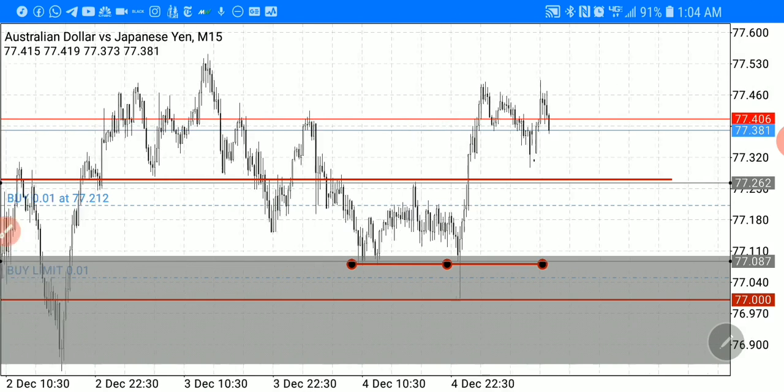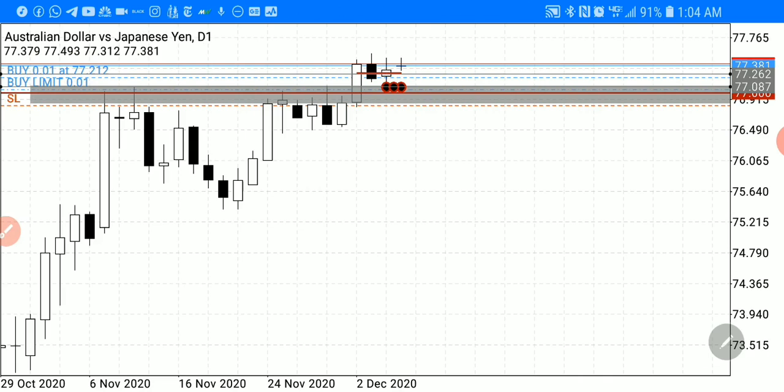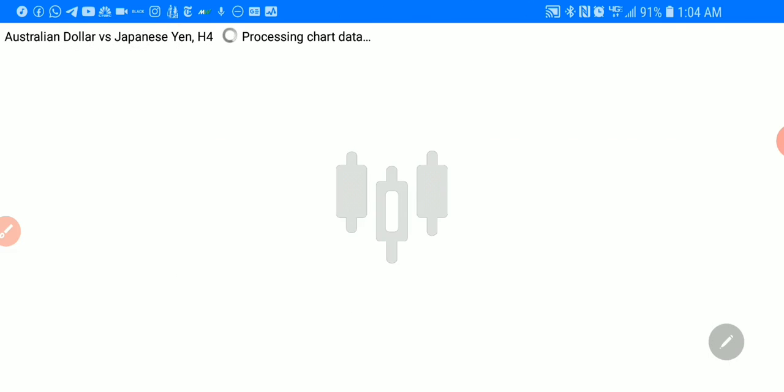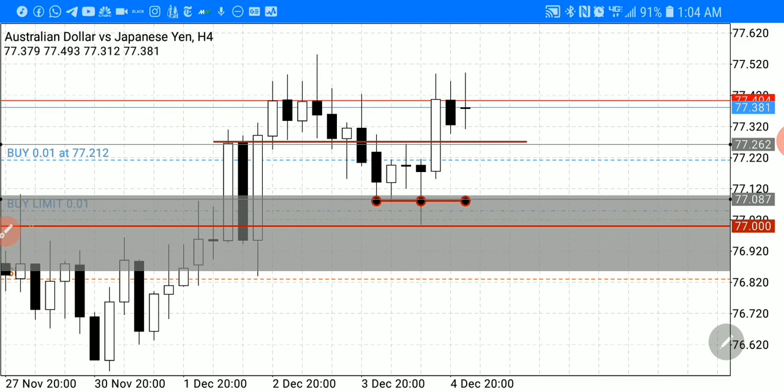I had taken a buy already for this setup last week when the candle was still a bearish one. I took this setup because I saw it. And sorry, the network is really bad here. So I took the buy at this region here.